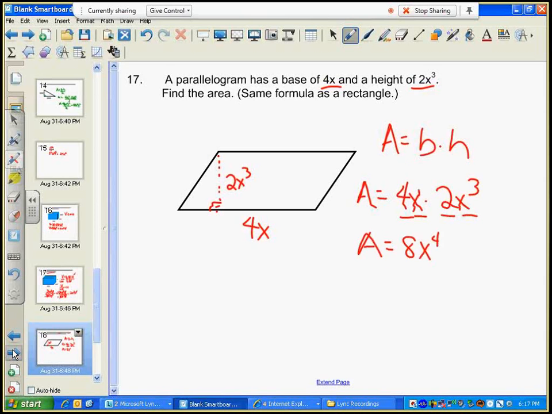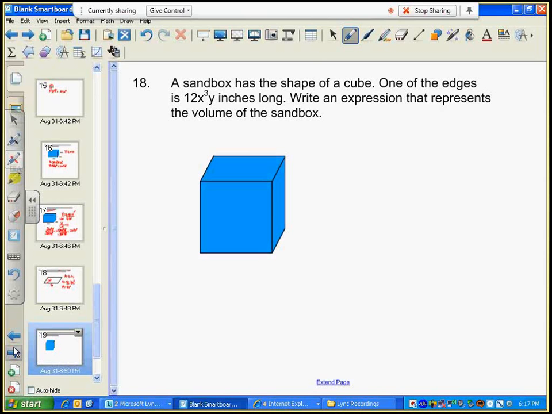A sandbox has the shape of a cube. In a cube, all of the edges are the same length. One of these edges is 12x cubed y inches long, and I've got to find an expression that represents the volume of the sandbox.